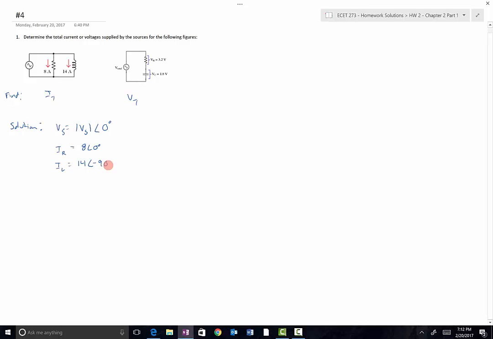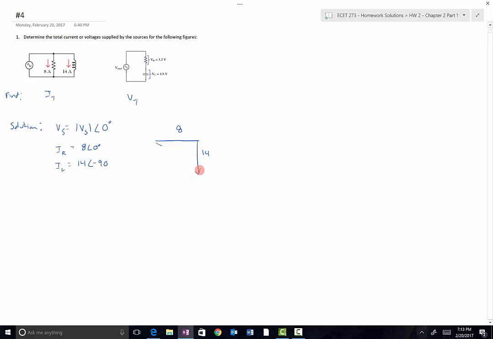So what that looks like in a phasor diagram is that we've got a resistor current of 8 at angle 0. We've got an inductor current of 14 at angle negative 90.